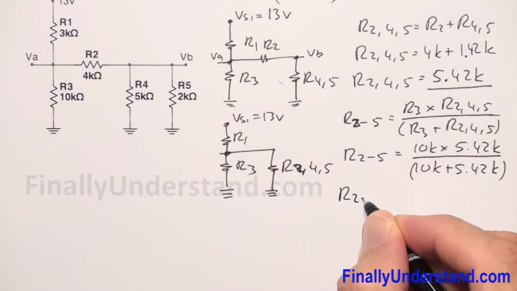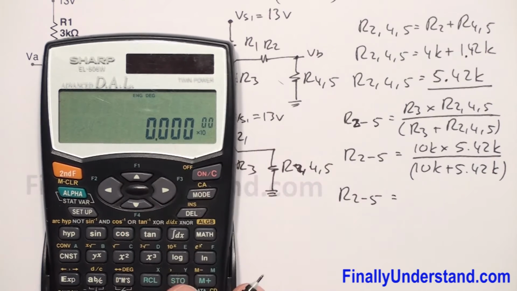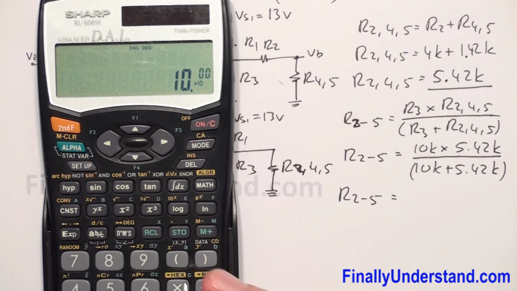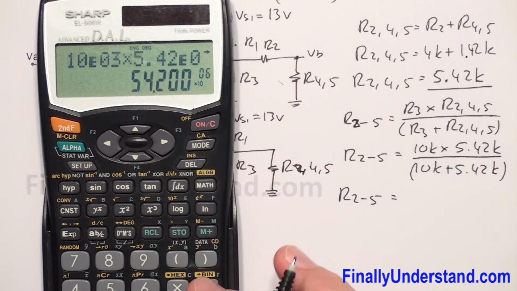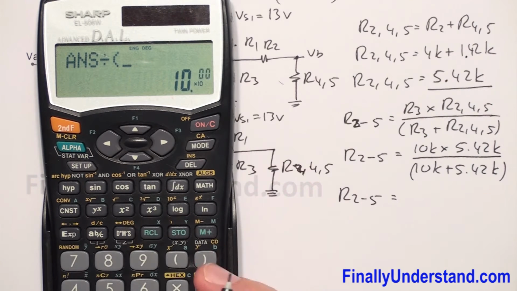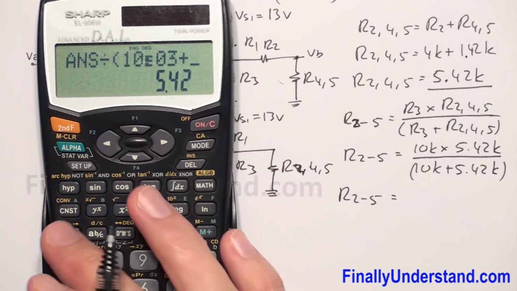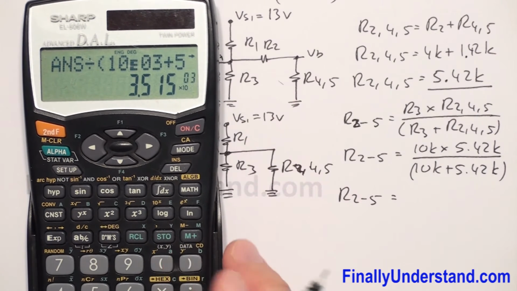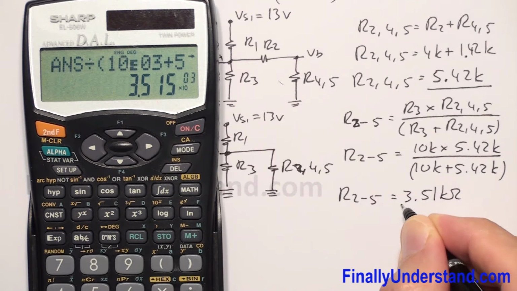So R2345 is equal to 10 exponent 3 times 5.42 exponent 3, divided by (10 exponent 3 plus 5.42 exponent 3), which equals 3.51 kiloohms.